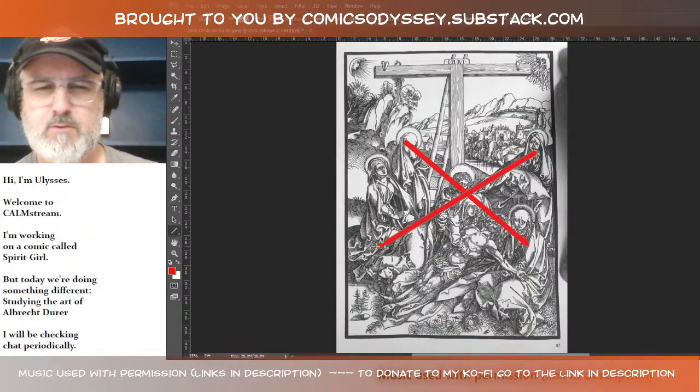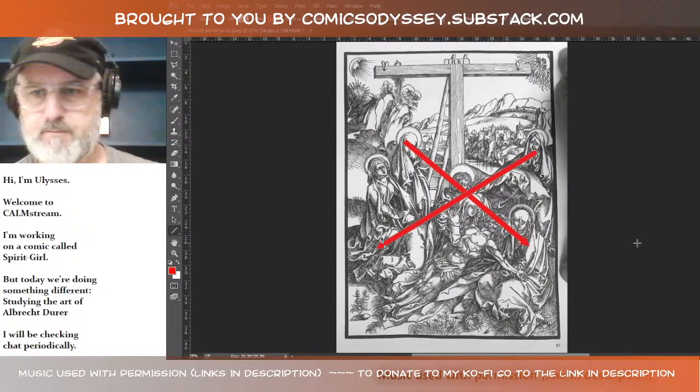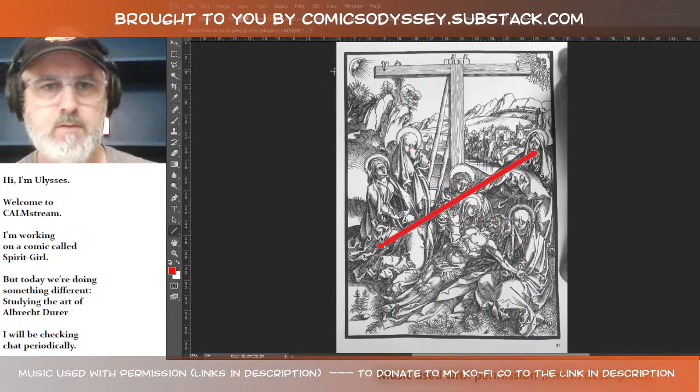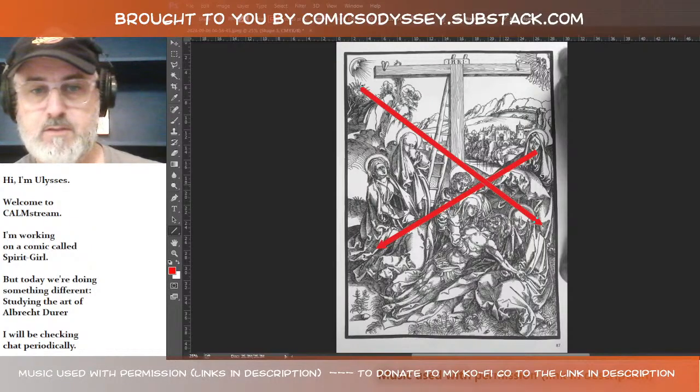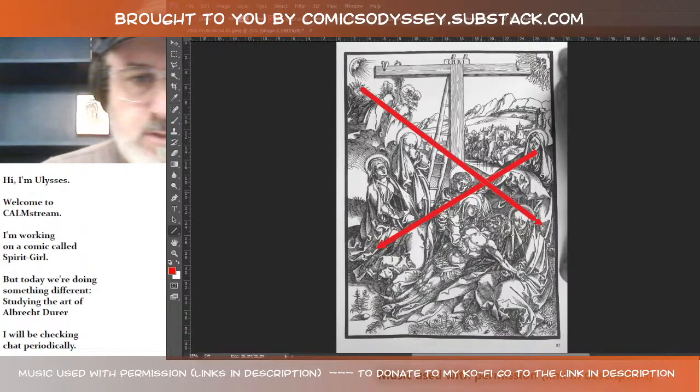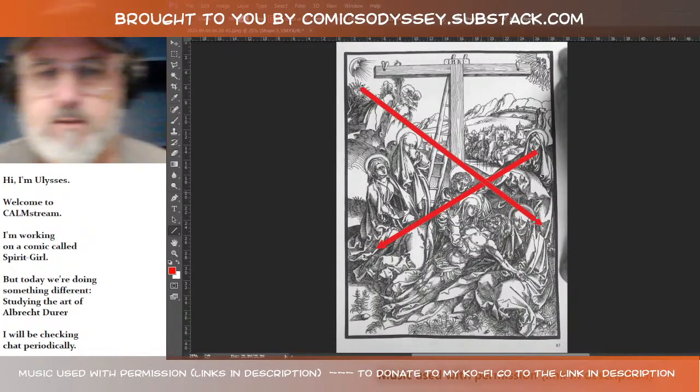To me, these are the strongest lines in the composition. So it forms a cross, which is something that we see a lot in Durer's work.